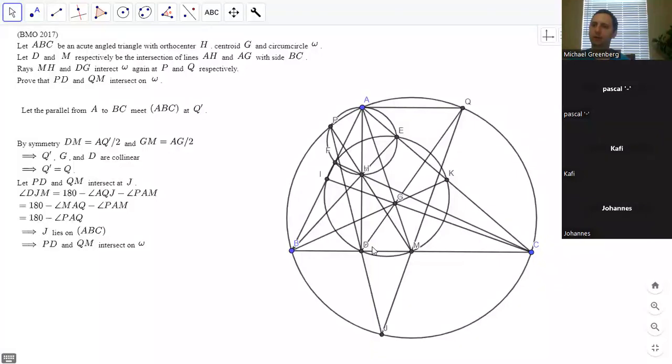Exactly. And we can use that to calculate a bunch of ratios. For example, BQ over QC is just CA over AB, right? Yeah.